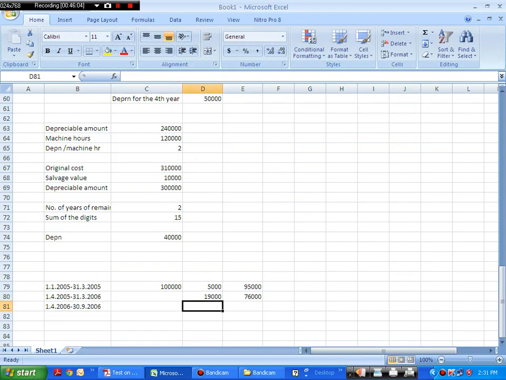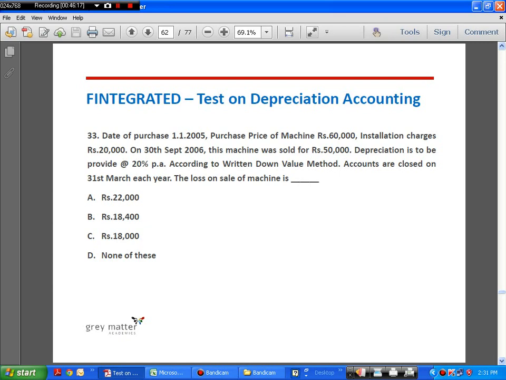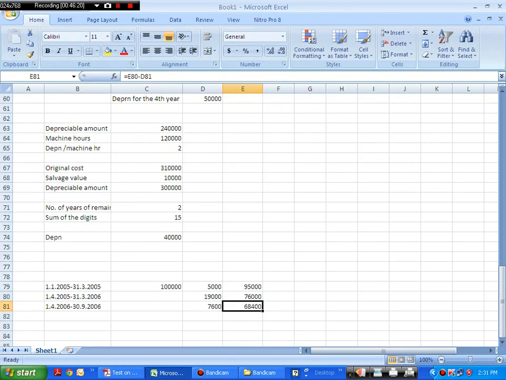So depreciation will be 76,000 into 20% into 6 divided by 12. Okay, so the WDV as on the date of sale is 68,400. So an asset having a WDV of 68,400 is sold for 50,000, which means there is a loss of 18,400.